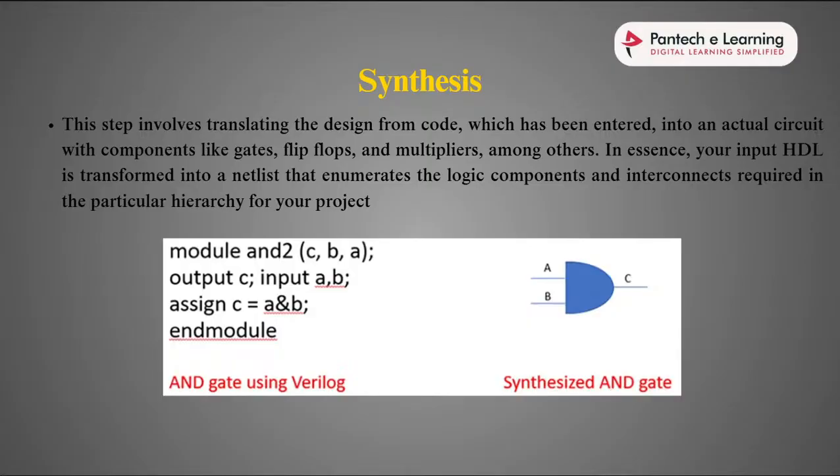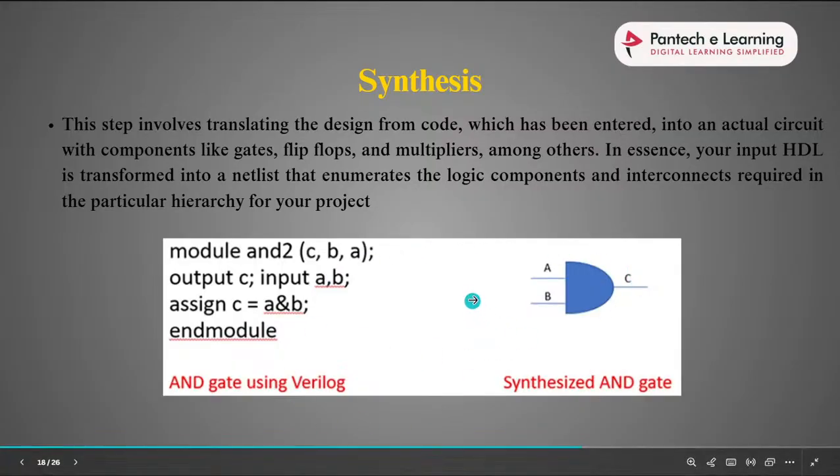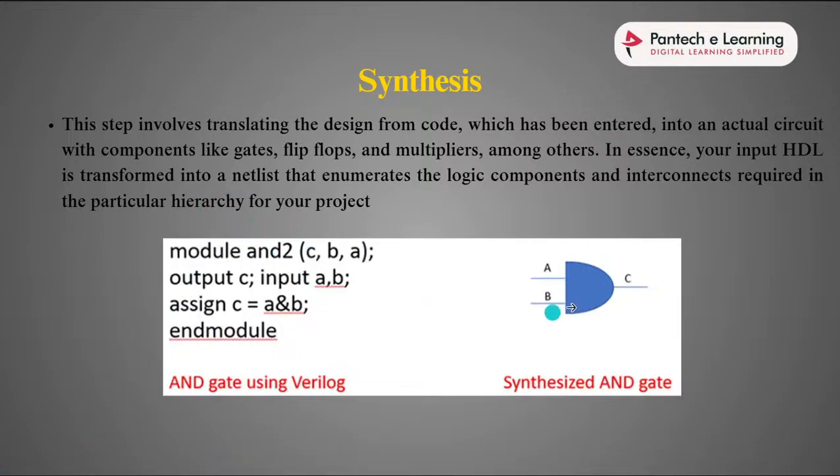The tool has to convert your whole code into logic gates like this. This is only a simple example, the AND code in Verilog. You need to convert this code into an AND gate. The conversion is taken care of by the tool, but we have to write the code correctly.